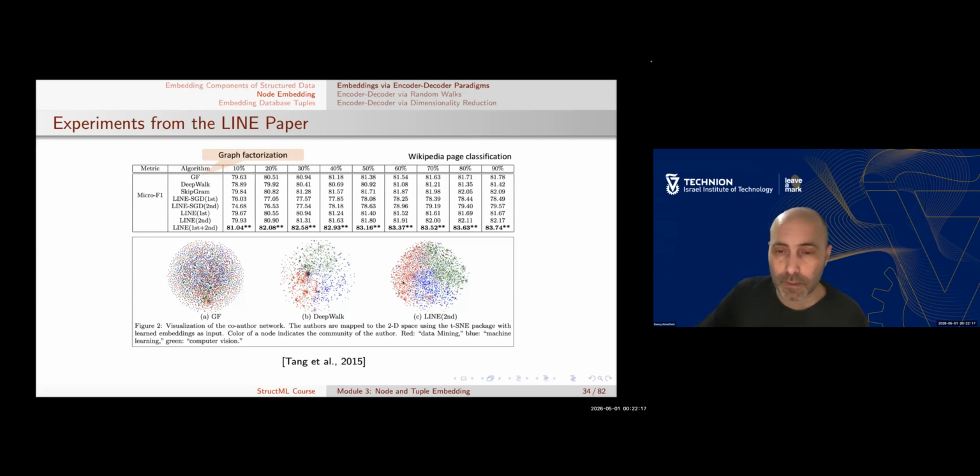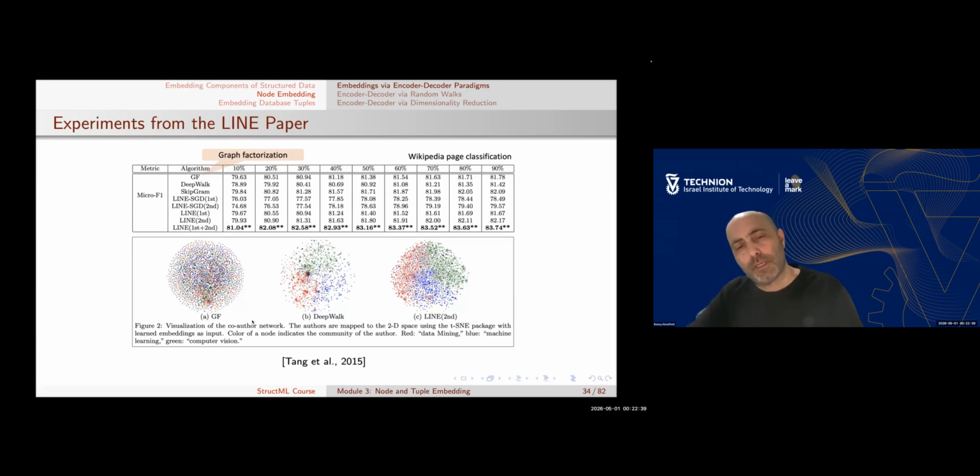The other one is a t-SNE visualization, and this is kind of a case study. But basically, they say, okay, here we have a network. The nodes are authors. We look at three classes of authors based on their domain or expertise: data mining, machine learning, computer vision. Red, green, and blue.